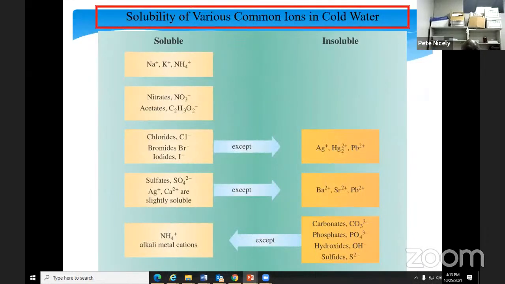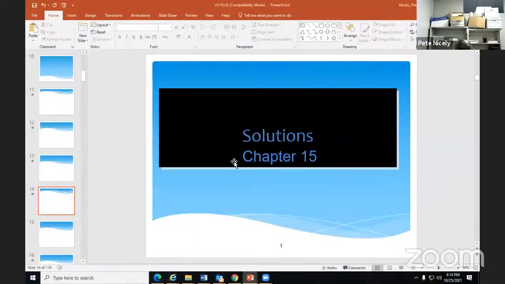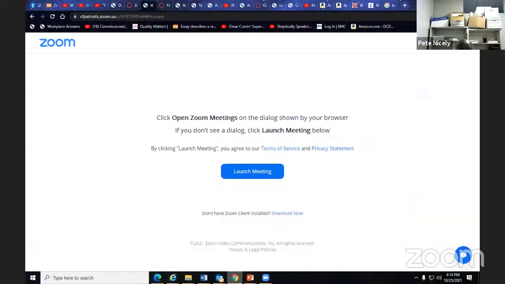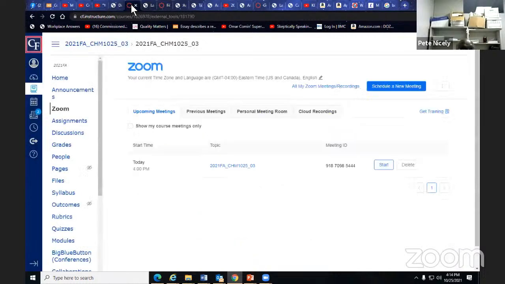Okay, so this chart here gives you basically a summary of the solubility of different ions. Now, there is a chart that I have provided in Canvas, which is more comprehensive. So let me just show you what that looks like. Let me go to the Canvas shell, and let me go to Files.